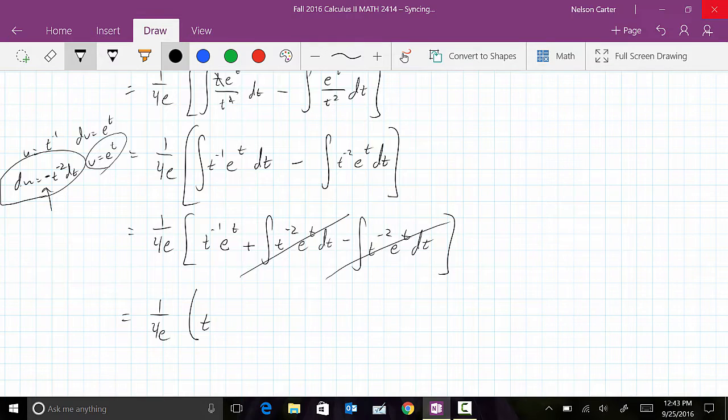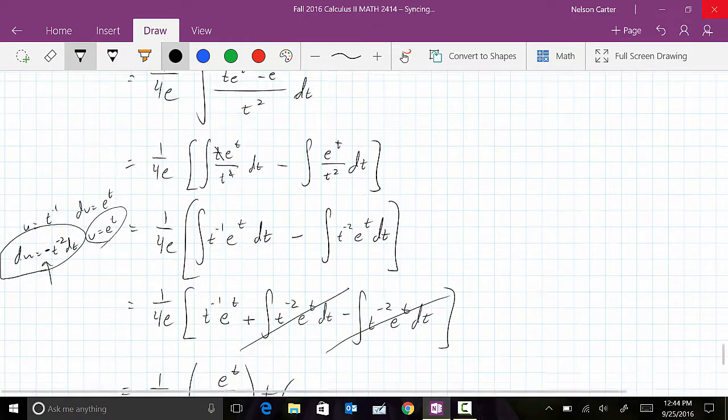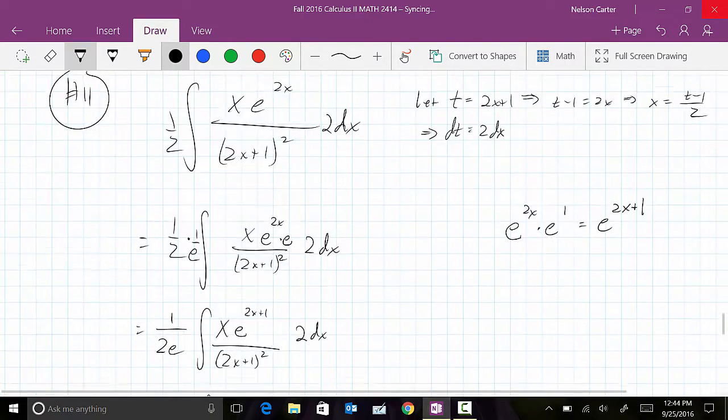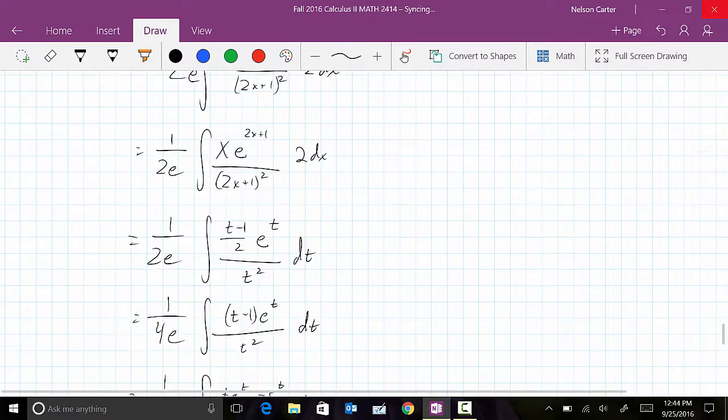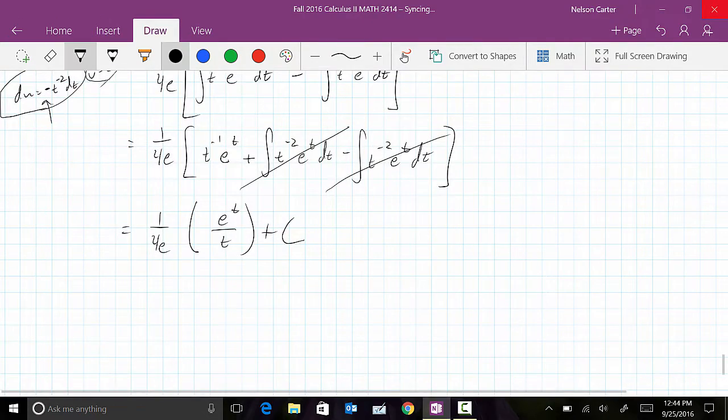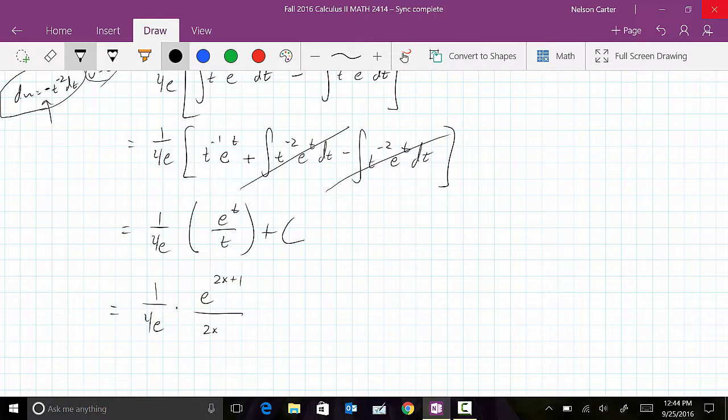So this becomes e to the power t over t plus c. I can't believe that. And then t is 2x plus 1, so this whole thing becomes 1 over 4e times e to the power 2x plus 1 divided by 2x plus 1 plus a constant.